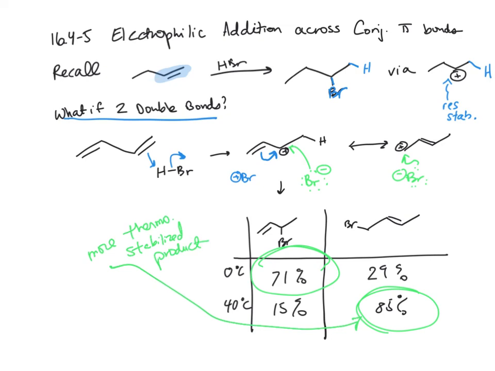These reactions are reversible, and when given enough time and enough temperature, then we can get to the more thermodynamic product, which is the second one. Why is it more thermodynamically stable? It's because this alkene is disubstituted.